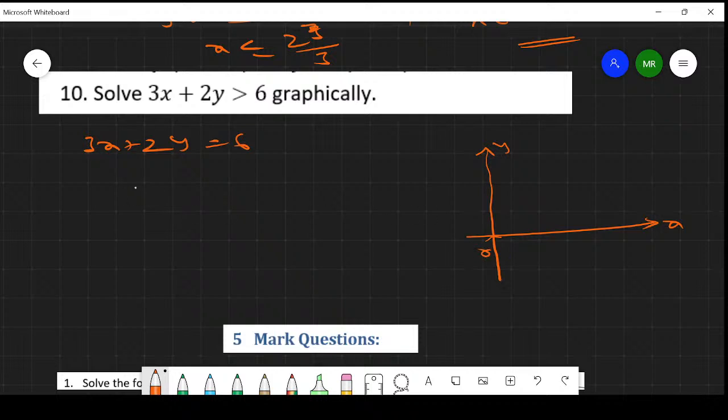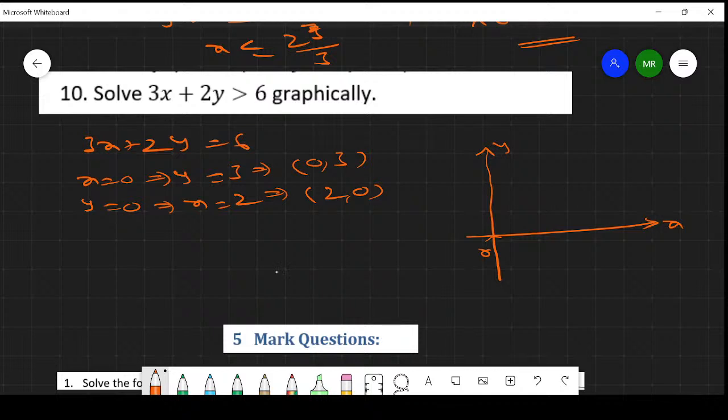You can see here, to draw this line, I put x equal to 0, y is equal to 3, right? And y equal to 0, I am taking points on the axis, when y is 0, x is equal to 2. So what points do you get here? 0, 3. And here you get the point 2, 0. Be careful: 0, 3 and 2, 0 are the points.